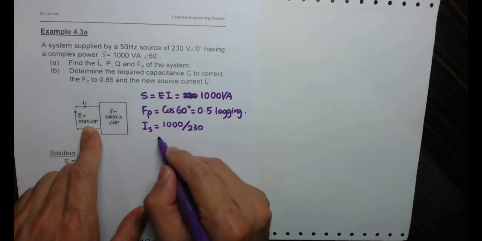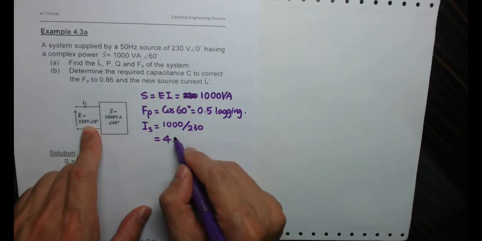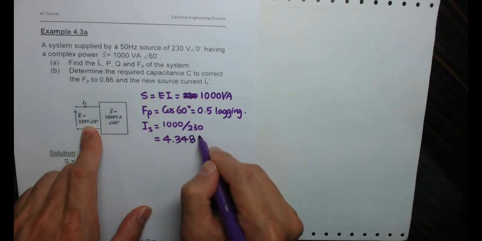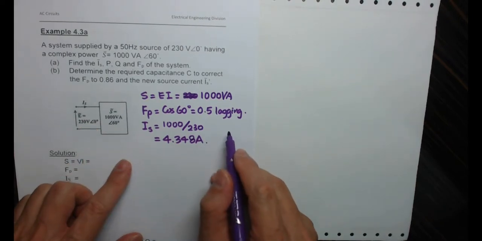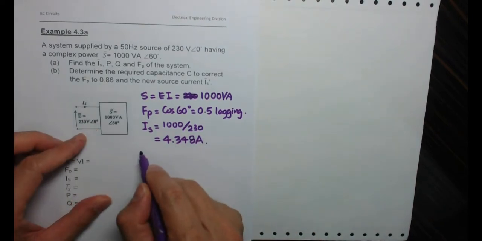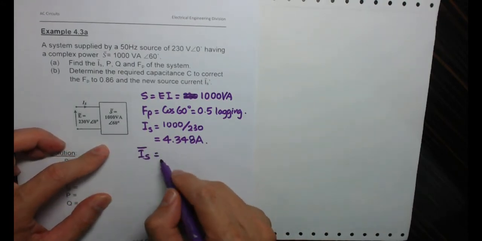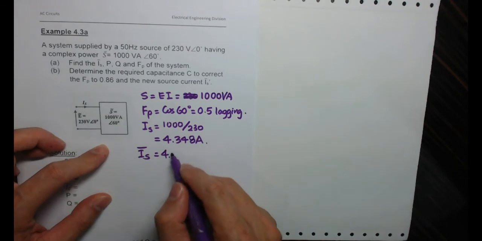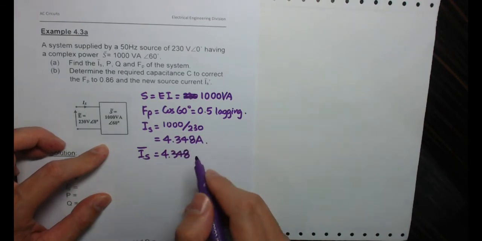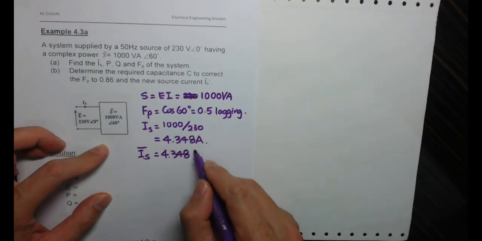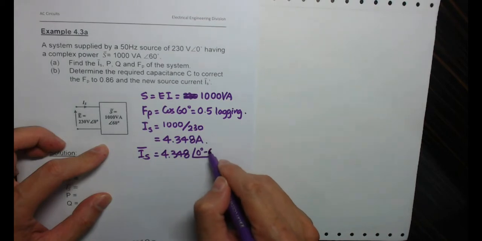So that's equal to 4.348 amperes. So the complex version, IS, is equal to 4.348 amperes, but the angle is 0 minus 60 degrees.